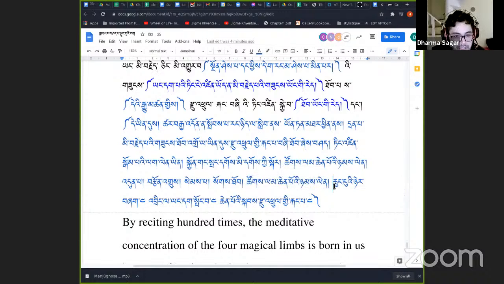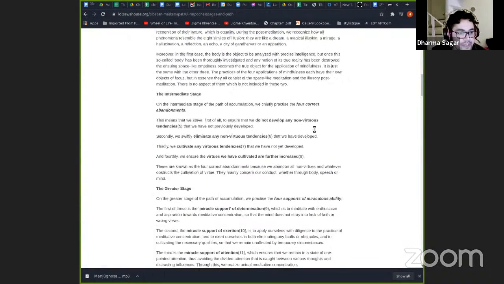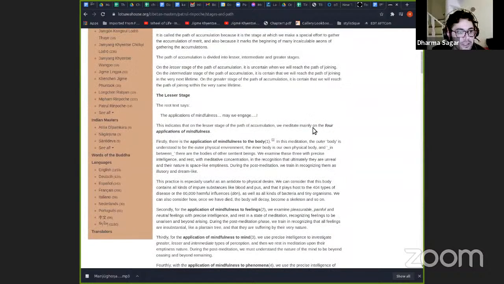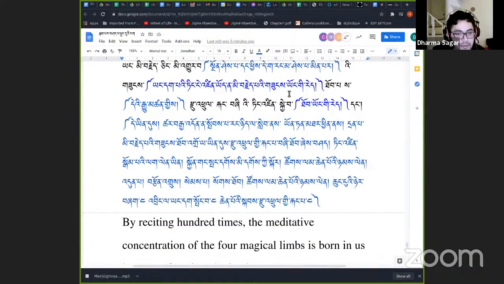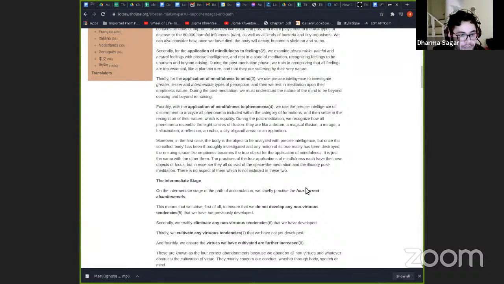And so making a summary, the practice of the lesser path of accumulation is the four foundations of mindfulness. And then in the middling path of accumulation, it is the four correct abandonments.